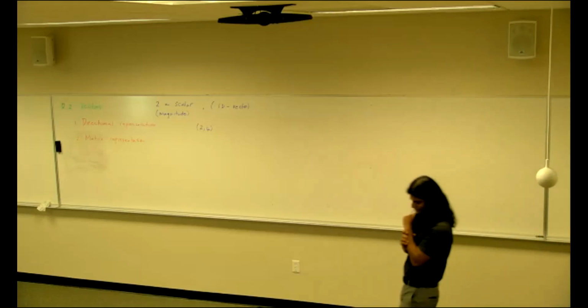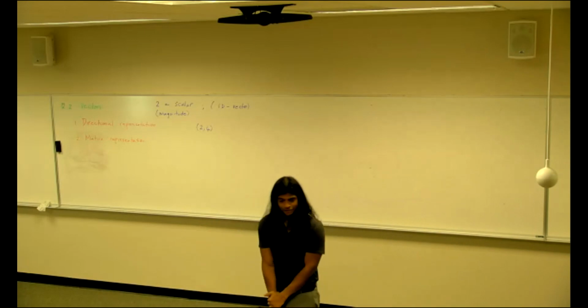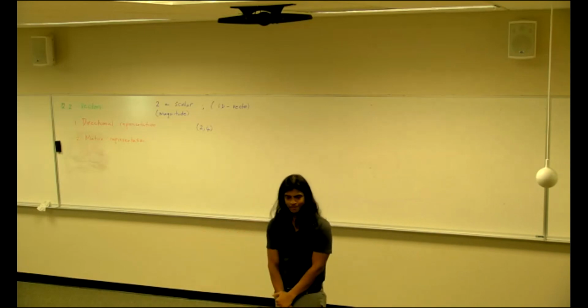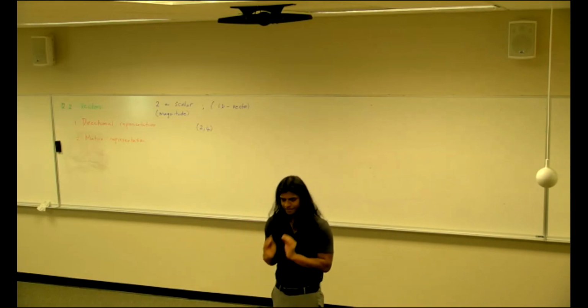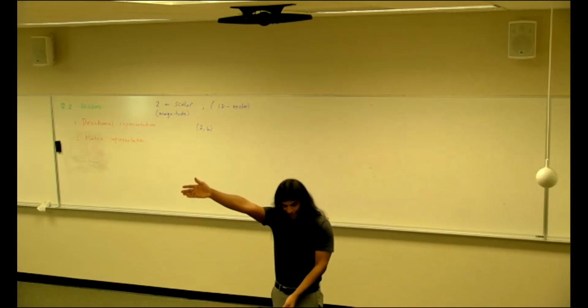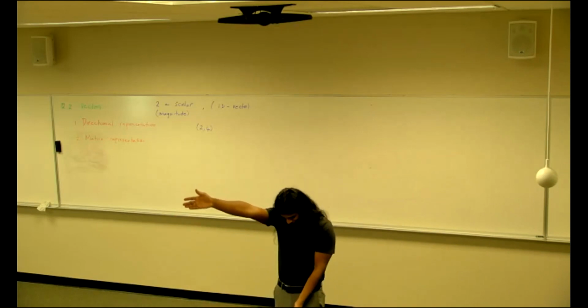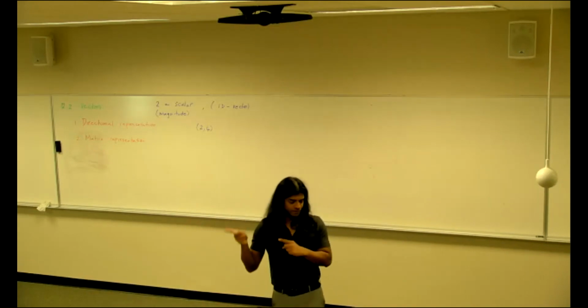Let's say where I'm standing is the origin. What's your name? Andrew. Andrew's sitting over there. So in this representation, something else comes into play. Direction, right? Andrew is sitting at a certain angle from me, right? So direction comes into play.